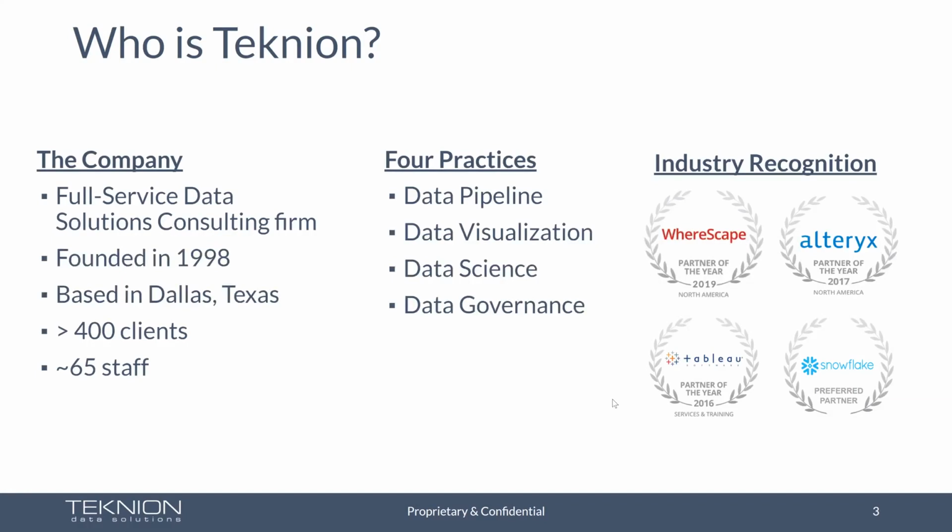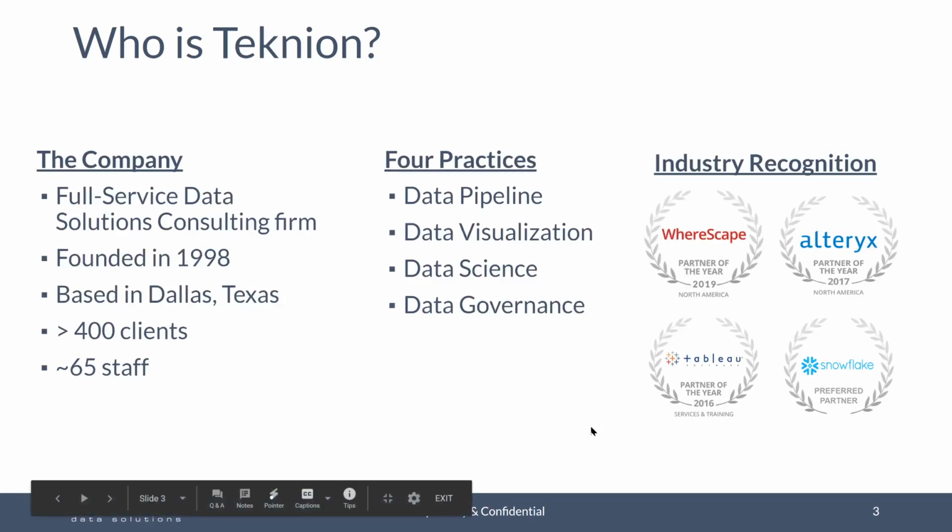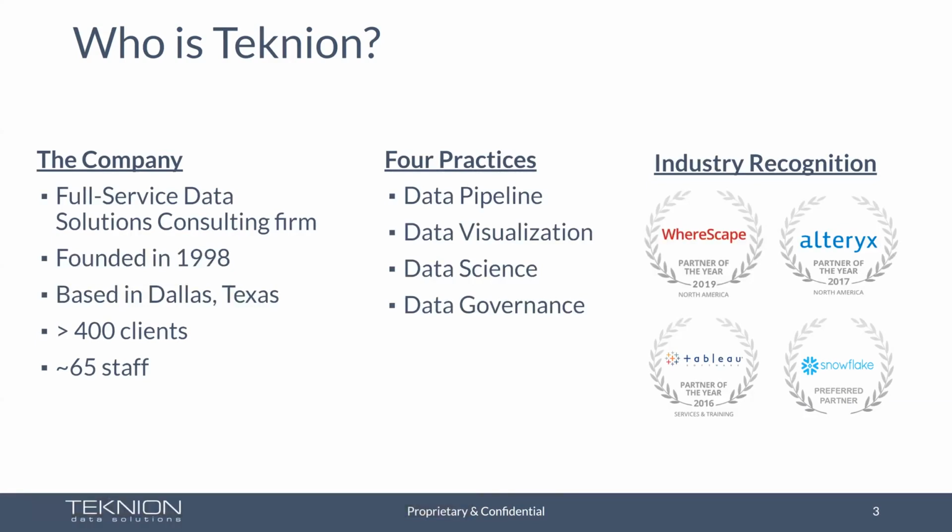We have 4 practices. The first is data pipeline, which is what this webinar falls under. This is about getting data from your transactional operational systems into your analytic systems. Second practice is data visualization. This is about presenting it to your end users. So dashboarding, reporting, analytics. The third one is data science.